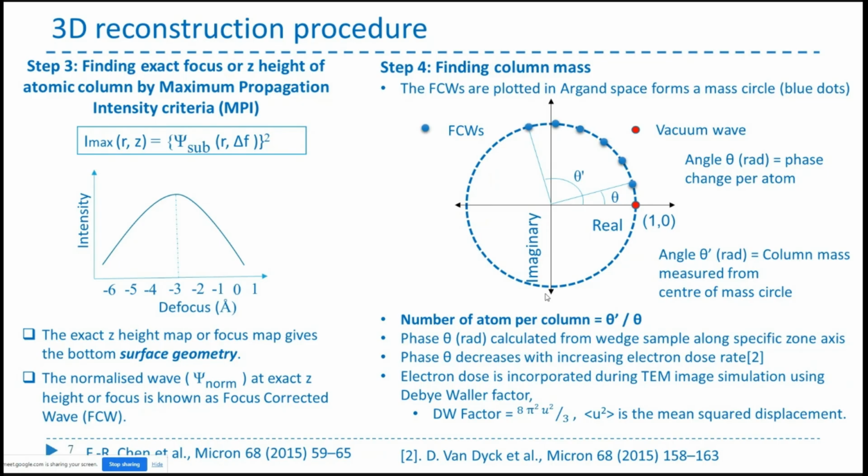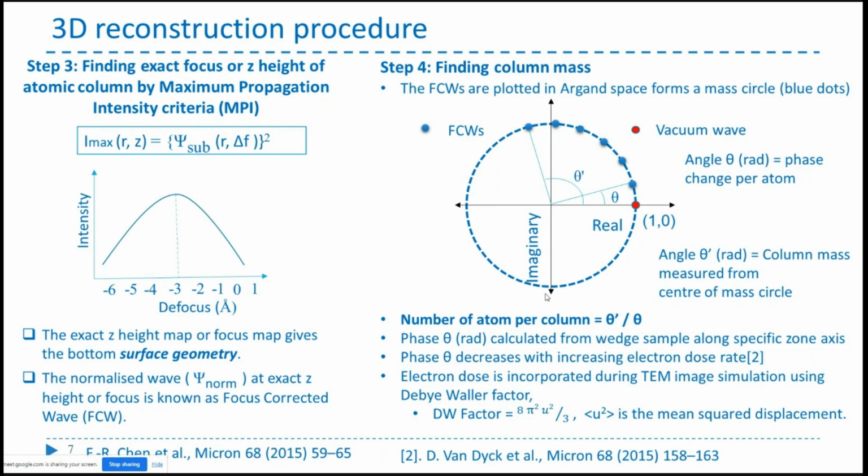Now the electrostatic potential we calculate is actually using the frozen phonon approximation, so at 0 Kelvin. But when the electron is hitting, your atom is moving. It's actually vibrating, so the potential is smearing out.